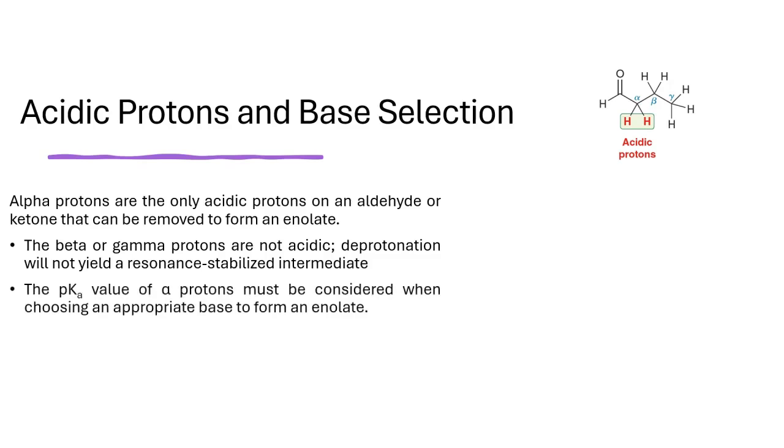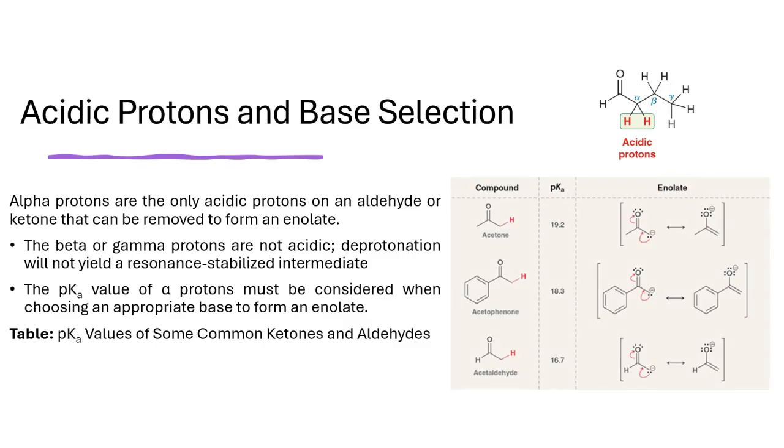The pKa value of alpha protons must be considered when choosing an appropriate base to form an enolate. In the table, we see some pKa values of common ketones and aldehydes: acetone, acetophenone, and acetaldehyde, having pKa values of 19.2, 18.3, and 16.7 respectively.